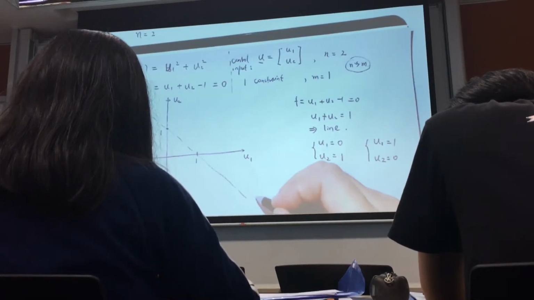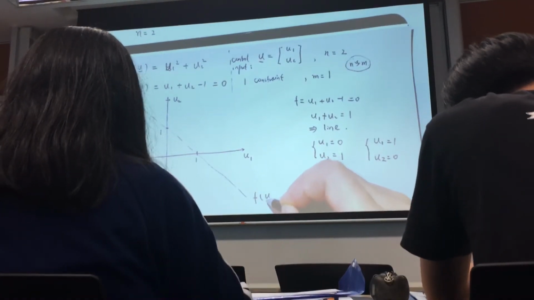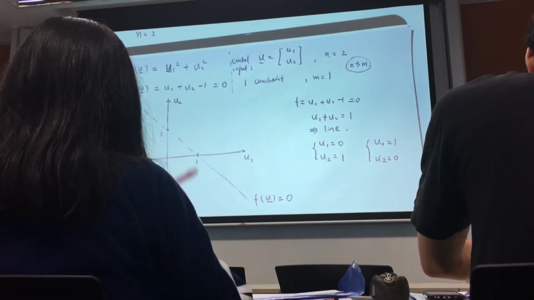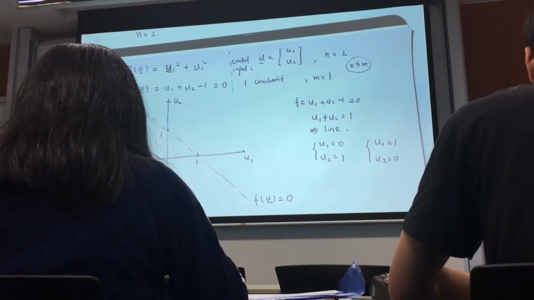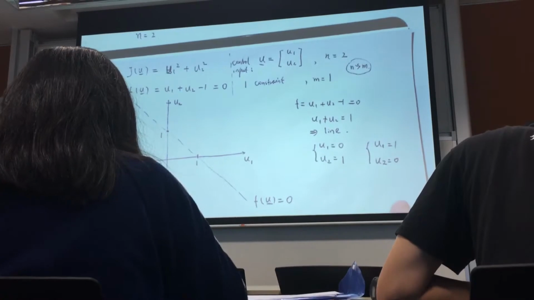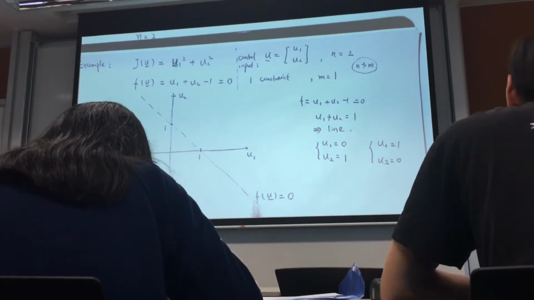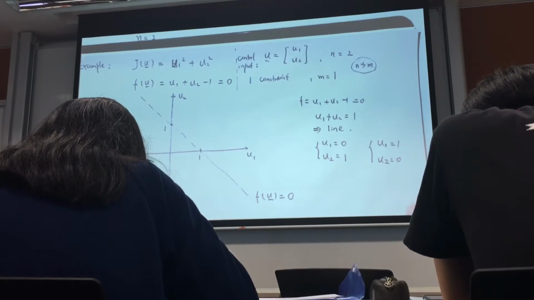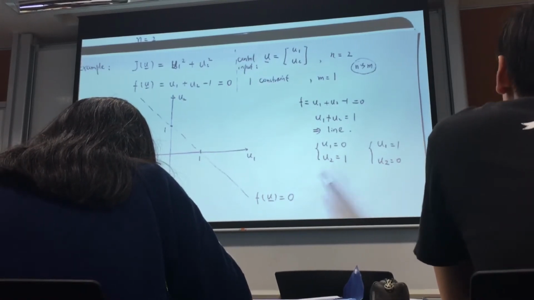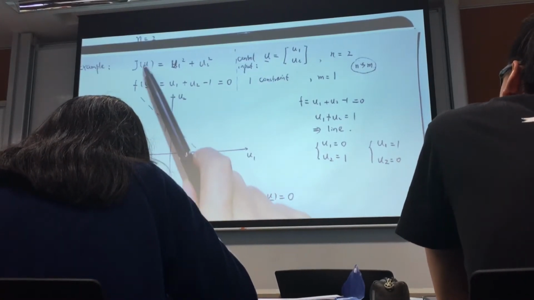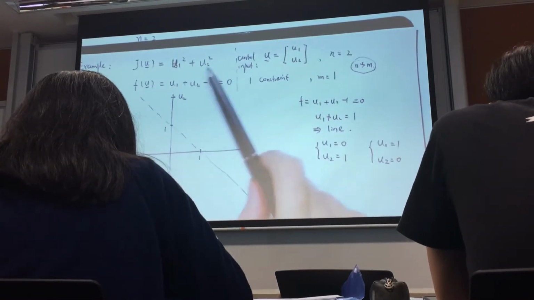So this line is our f(u) equal to 0. Now, how do we plot this cost function?